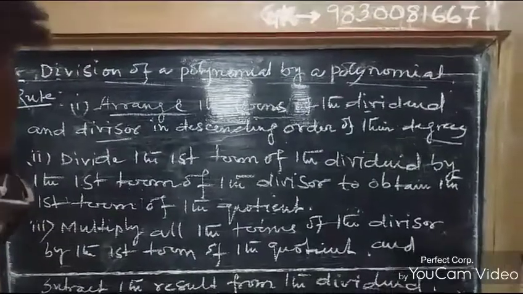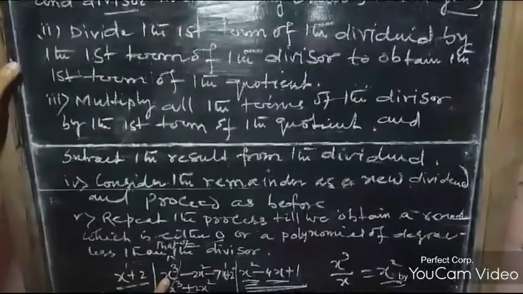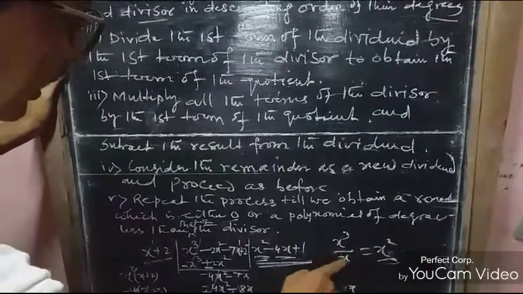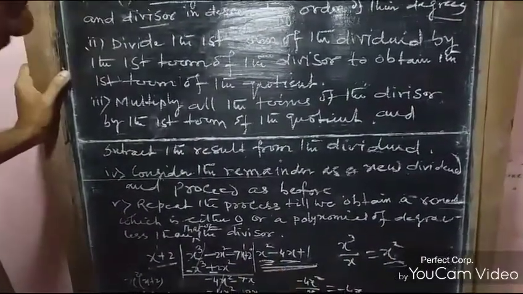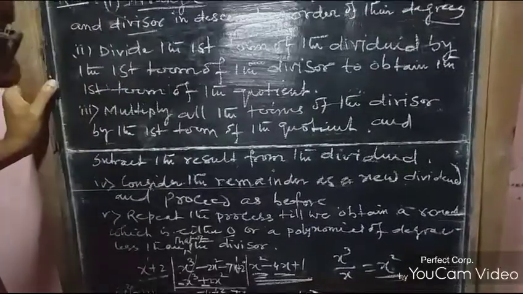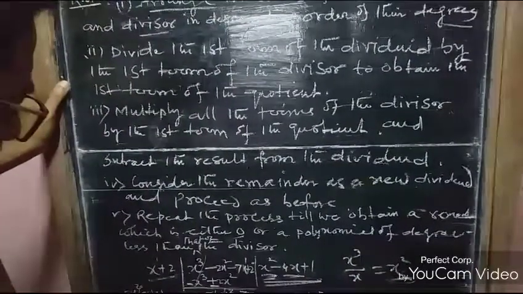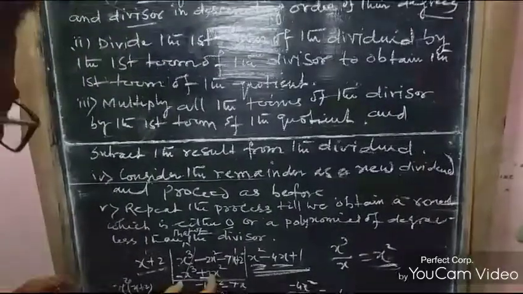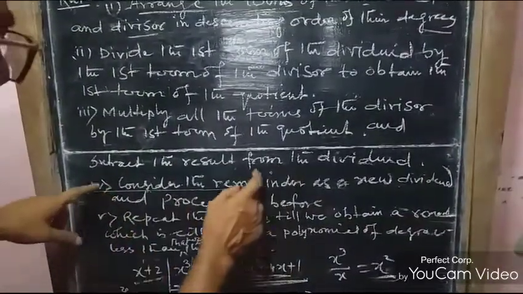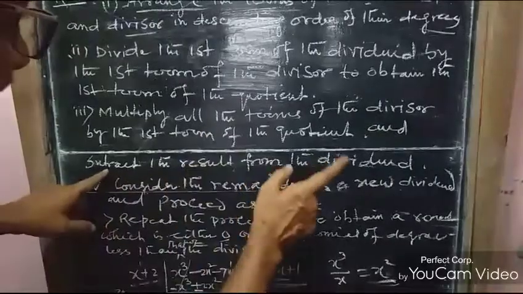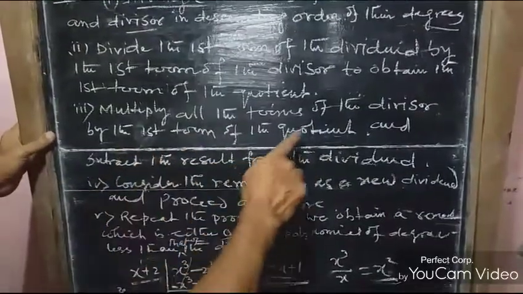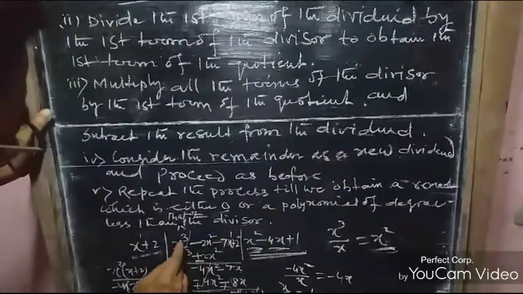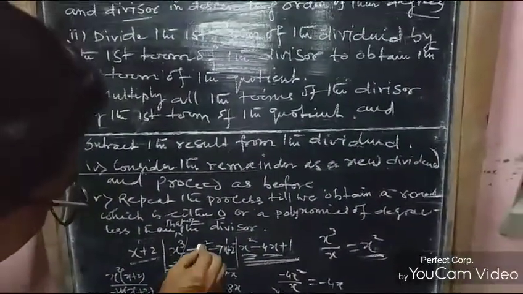This first term of the quotient will be multiplied by the divisor, and you will get this. Subtract the result from the dividend, and it is coming this one.